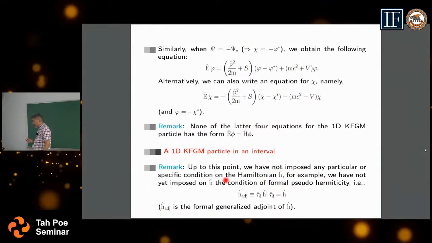Because as you know, the Hamiltonian satisfies this condition. This condition is called pseudo-hermiticity. So H is a pseudo-Hermitian operator. It's because of this condition. You can check this immediately.